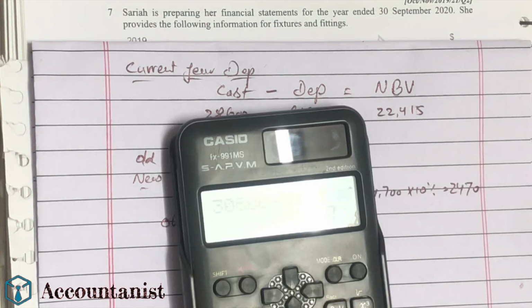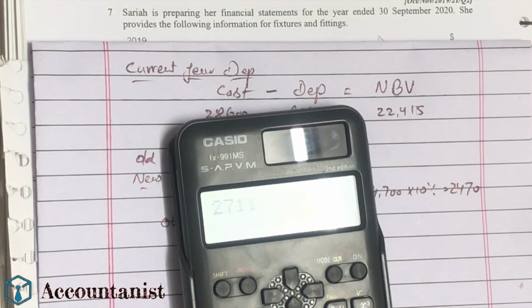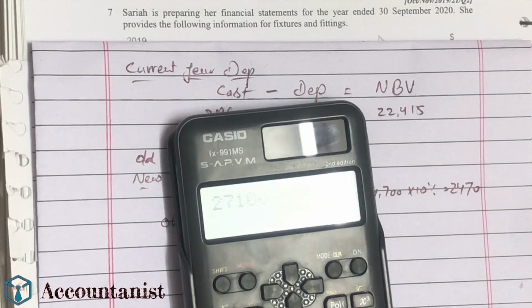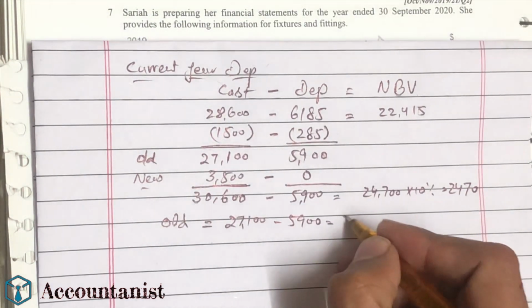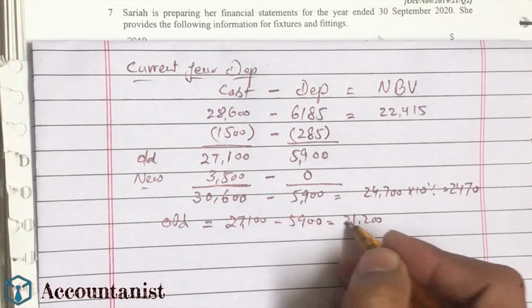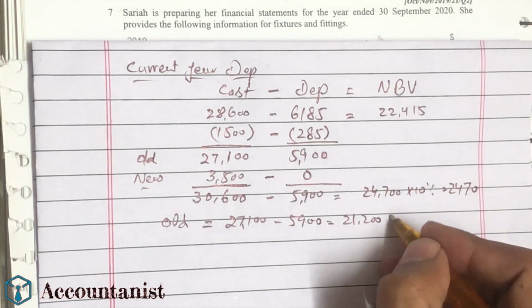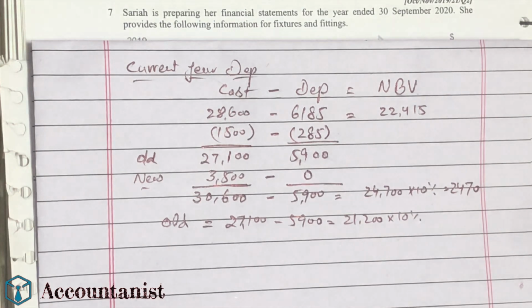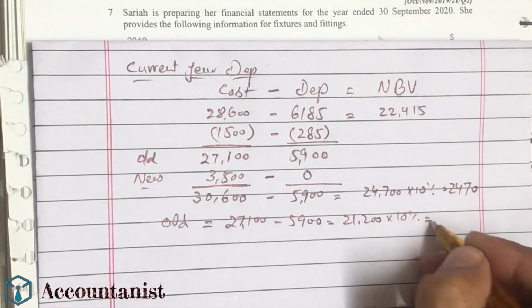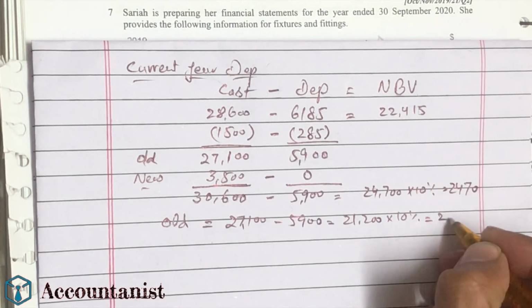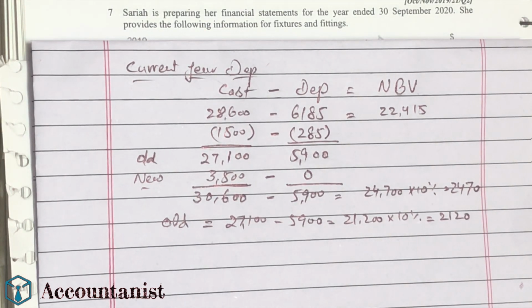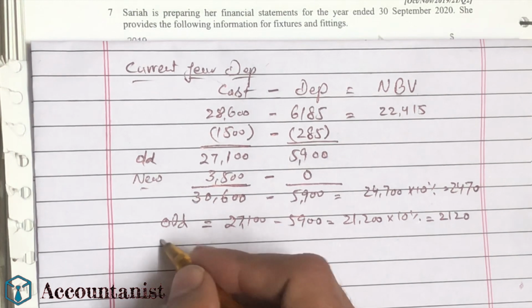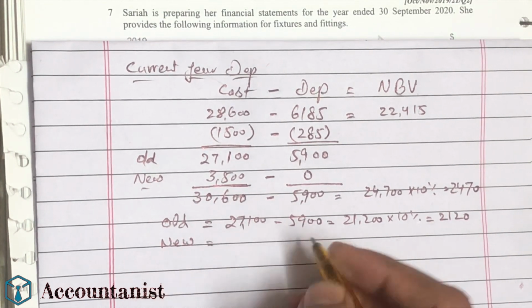So I will get 27,100 less 5,900, which gives me 21,200 net book value of old assets. So now I will apply this 10% to get the depreciation of old assets. That will be $2120.